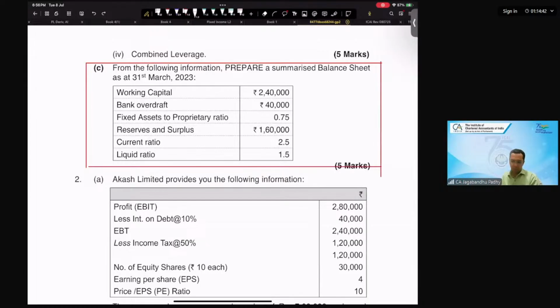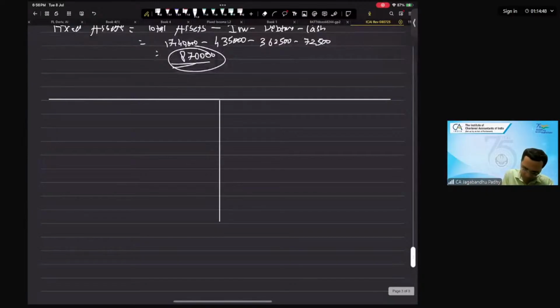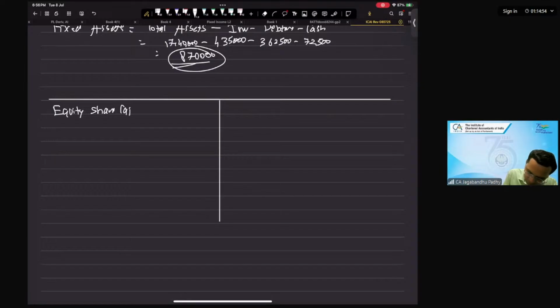We basically have the proprietary ratio. So the proprietary ratio is going to have equity share capital and reserves. So let us say we have got equity share capital. We've got the reserves, right?